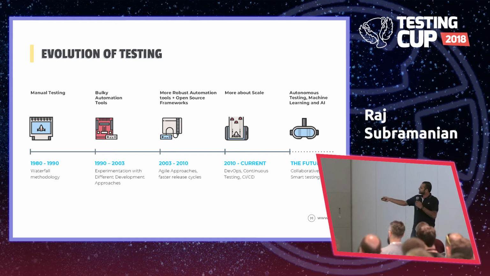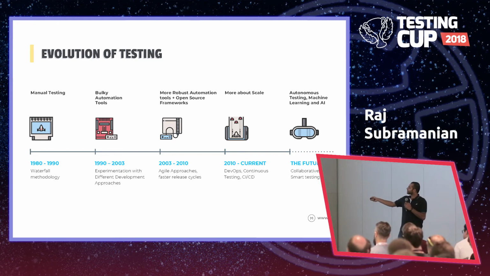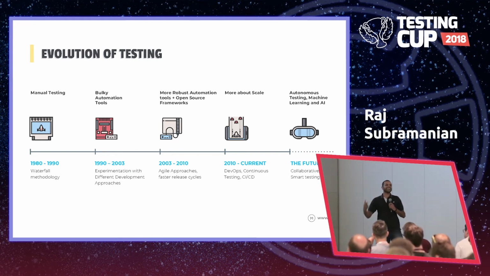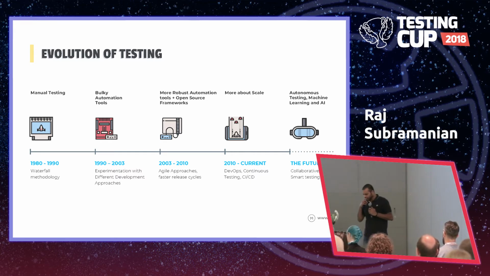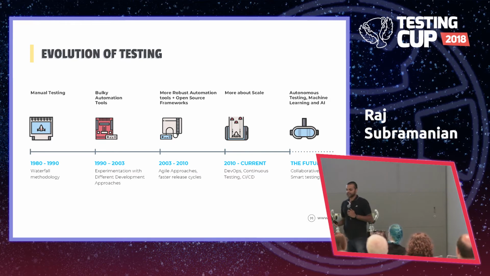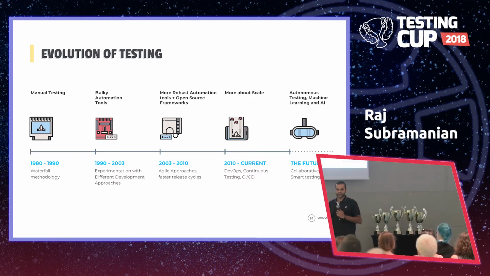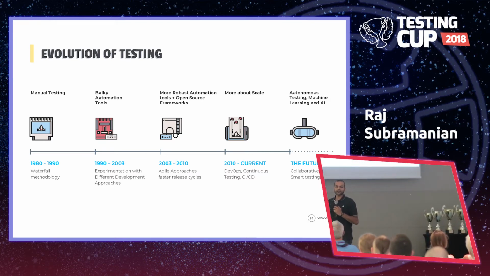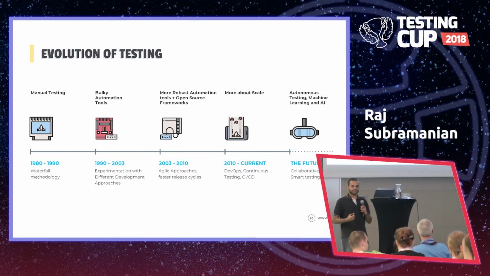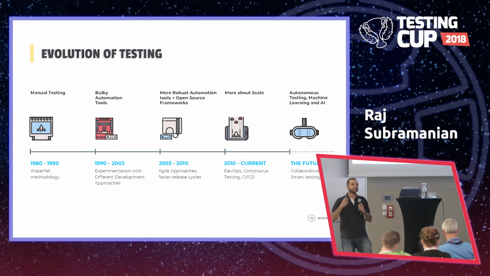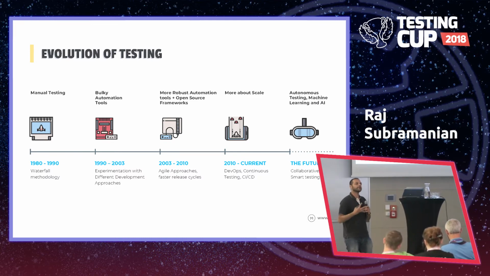And then from 2010 to the current time period, it's all about scale, right? Everything is about scale. What do I mean by that? We want to run tests fast. We want to find bugs fast and want to release faster, right? That's what I'm talking about when I talk about scale.